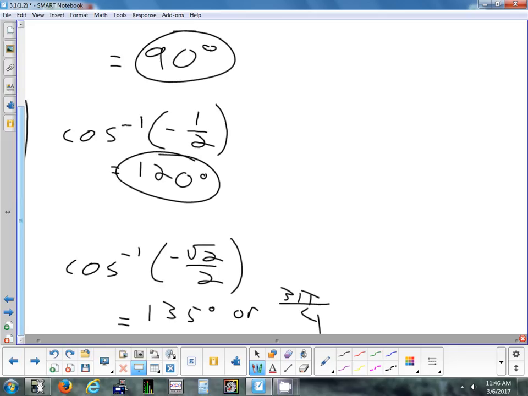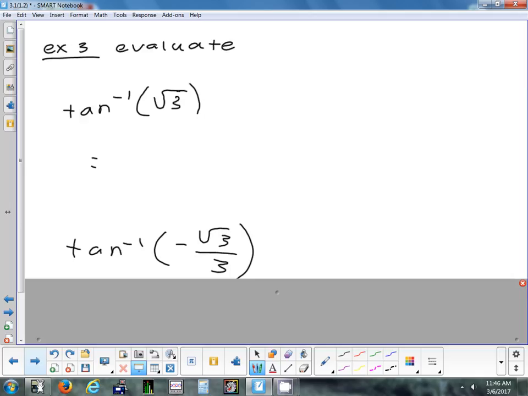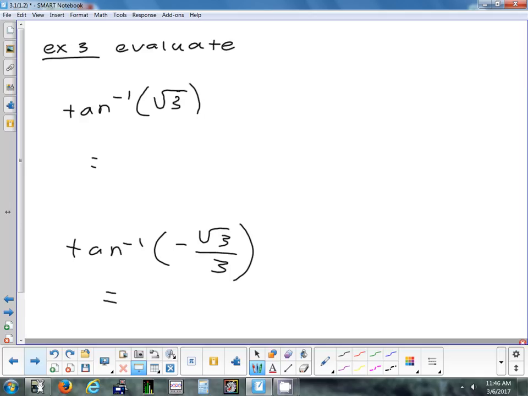Anybody remember what you multiply by if you have to convert degrees to radians? Multiply by this and divide by something else. Yep, if you multiply by pi and divide by 180, that'll convert to radians for you. Right, and we'll do them together for inverse tangent.